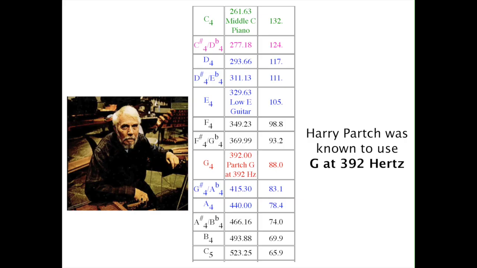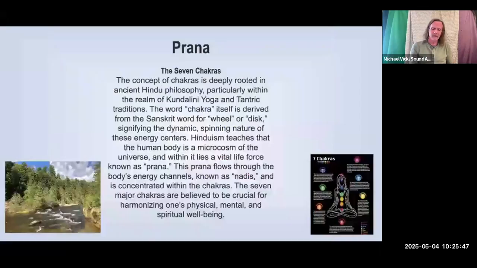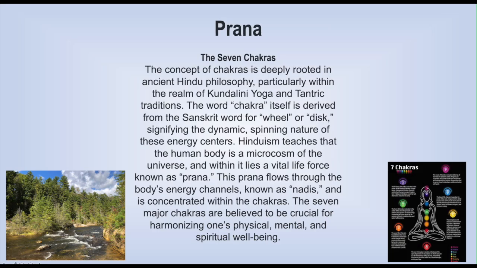So moving from that, let's talk about what chakras actually are, because that's the kind of thing we've been going over before I even got started here. So prana, what we're dealing with, the 7 chakras, it's obviously deep in Hindu philosophy with Kundalini yoga and tantric traditions, but it's the energy.